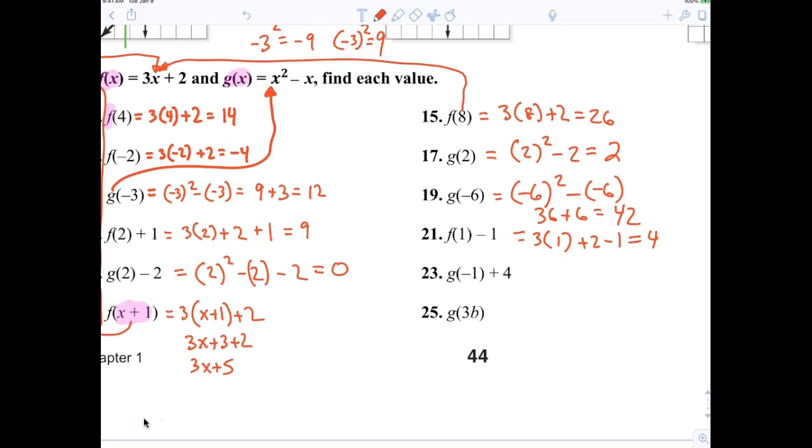Aiden, you're up. There you go, buddy. Remember now, if you're not sure, tell me. So what's -1 squared? It's in parentheses.